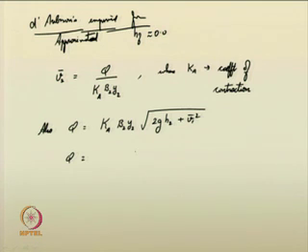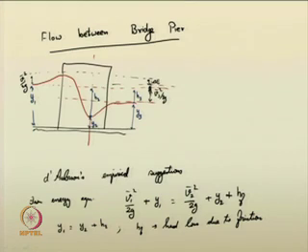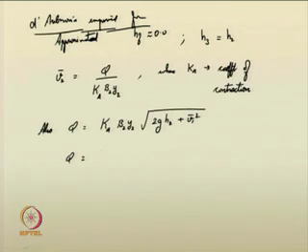Also, he suggested h 3 is equal to h 2. So, y 2 and y 3 will be the same in his case. For such conditions, he came up with the following discharge relationship.